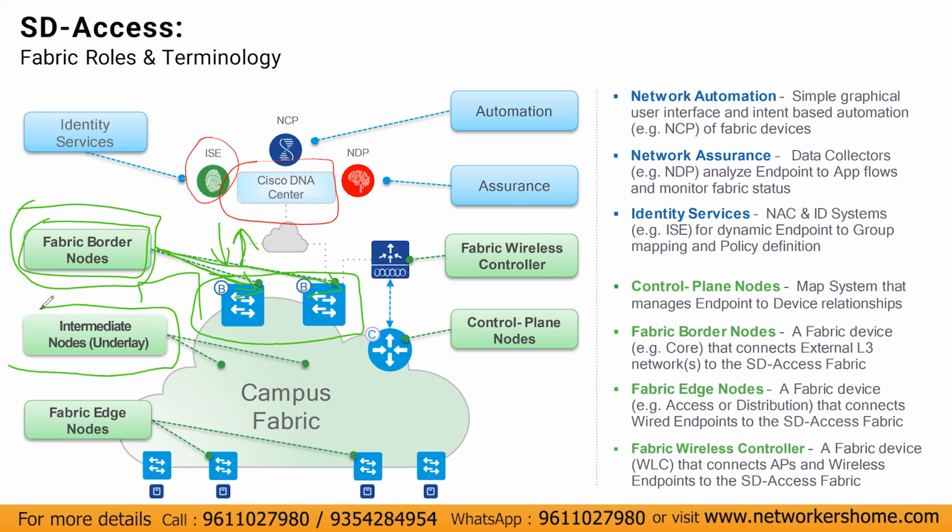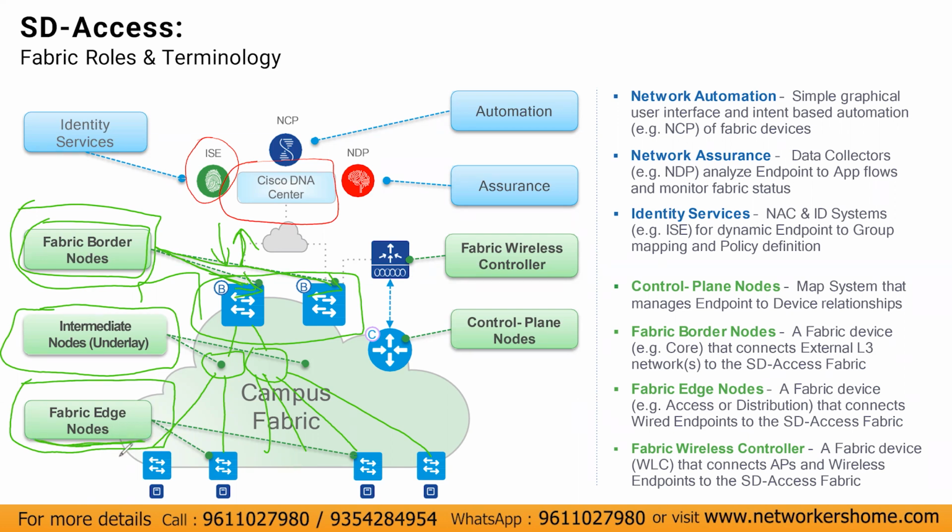These are the intermediate nodes which are used just for the purpose of connecting the border with a lot of access nodes if you have a lot of them. Else, you can directly connect fabric edge nodes with the border nodes. Fabric edge node, this is your leaf.